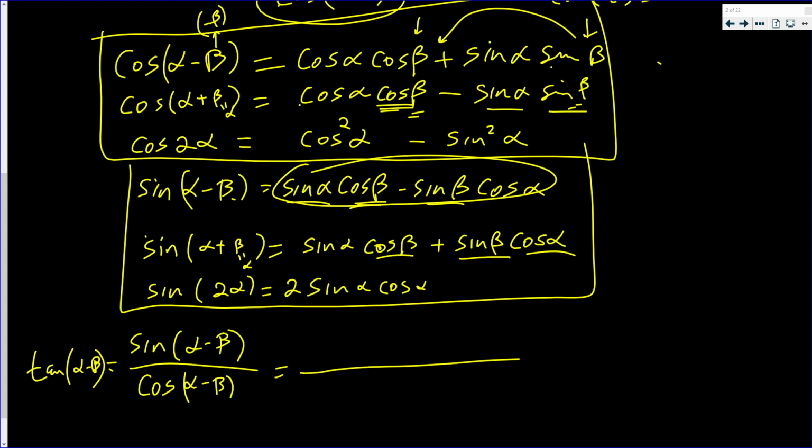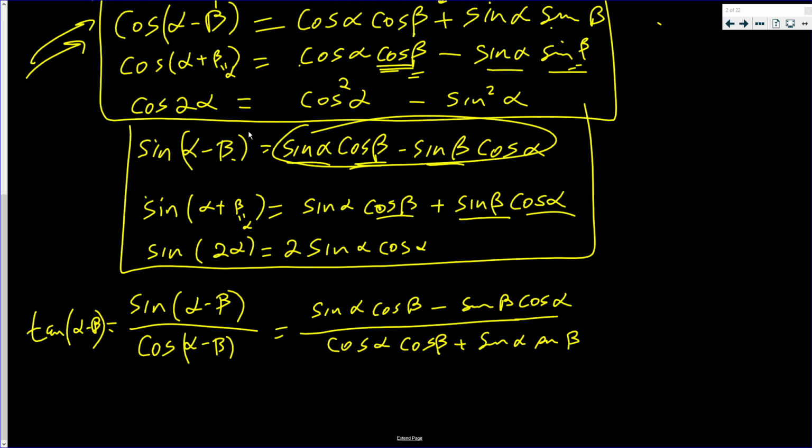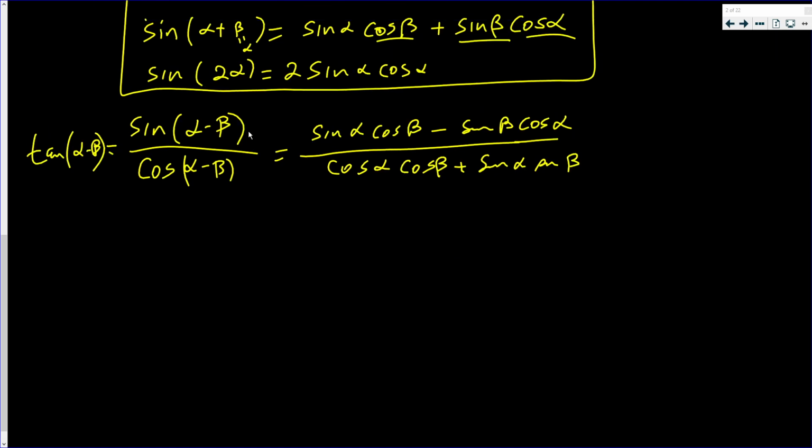It's this, sine alpha cosine beta minus sine beta cosine alpha, divided by this top equation here, cosine alpha cosine beta plus sine alpha sine beta. Now, there it is. There's a formula for tangent of alpha minus beta.